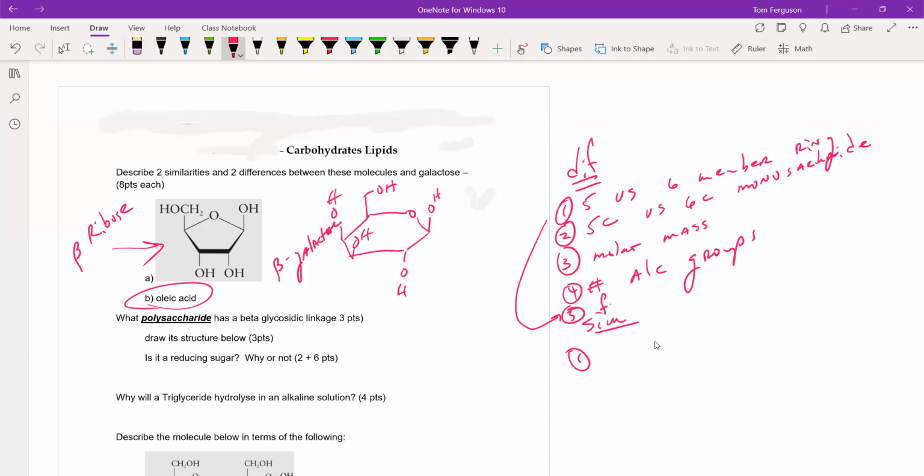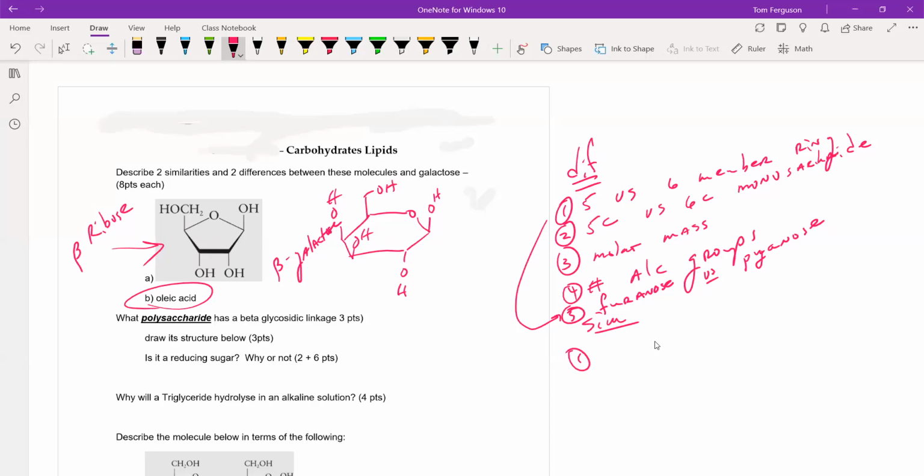One is a furanose versus a pyranose. 5 versus 6 sugars. So 1 and 5 are related. They're not the same, but they're related. And I would count those as differences as well.